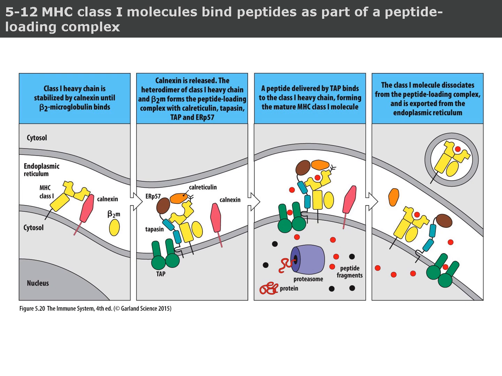In the third panel, peptides produced by the proteasome in the cytosol are transported into the endoplasmic reticulum by TAP. One of these peptides binds to the MHC class I molecule, completing its maturation. Finally, in the fourth panel, the loaded MHC class I molecule dissociates from the complex and is transported out of the endoplasmic reticulum to be presented on the cell surface, where it can be recognized by CD8 T cells.